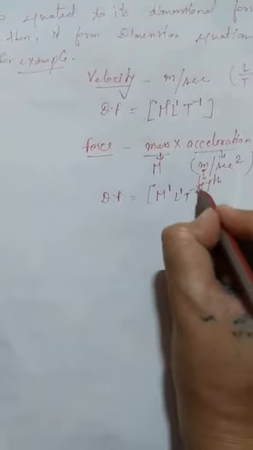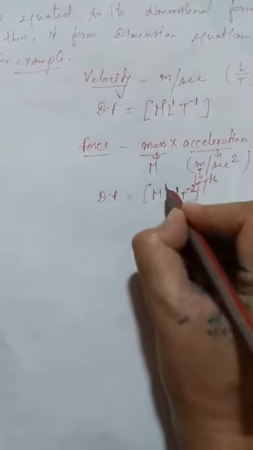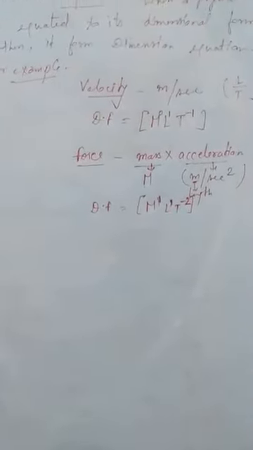This is the dimensional formula of force. Understood how we can write the dimensional formula of different terms?